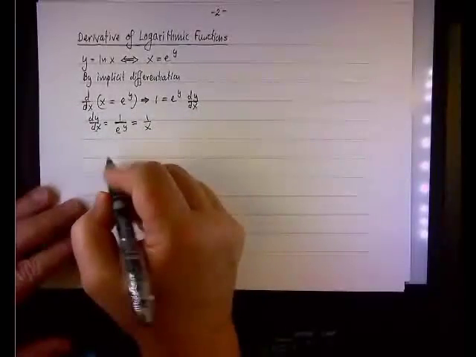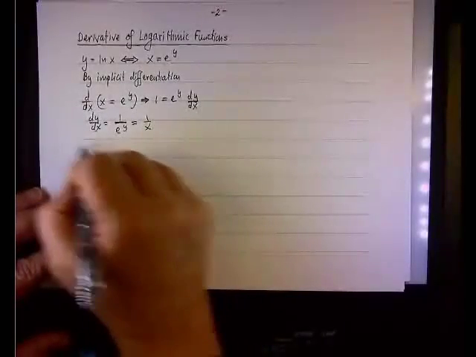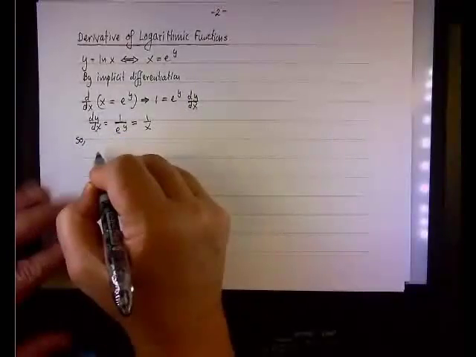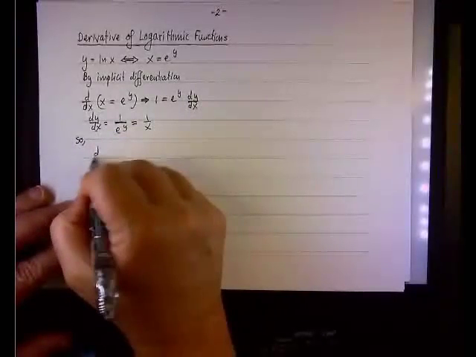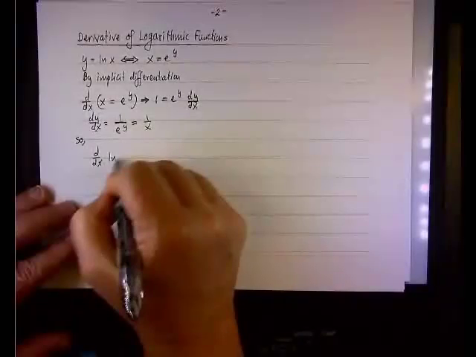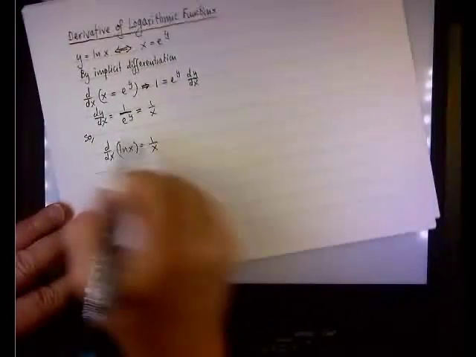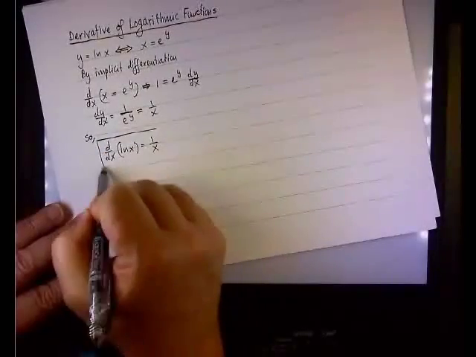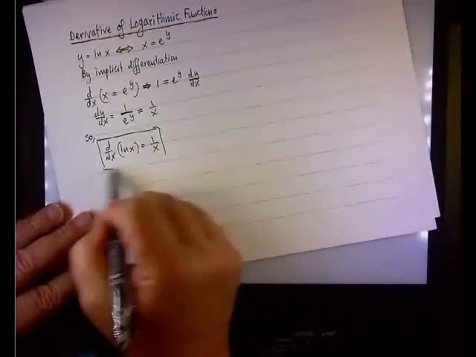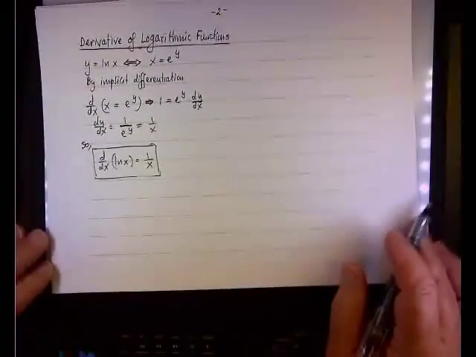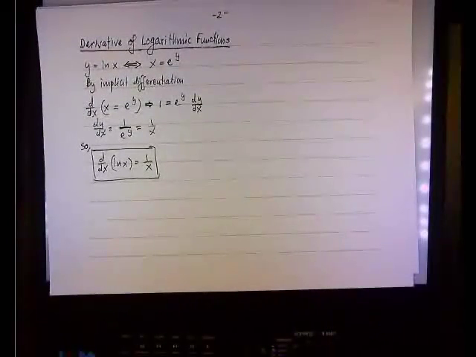So this gives us the famous differentiation rule for the logarithm: d dx of the natural log of x is 1 over x. I think somebody asked me on Wednesday, what is the derivative of the natural log? So there you have it.